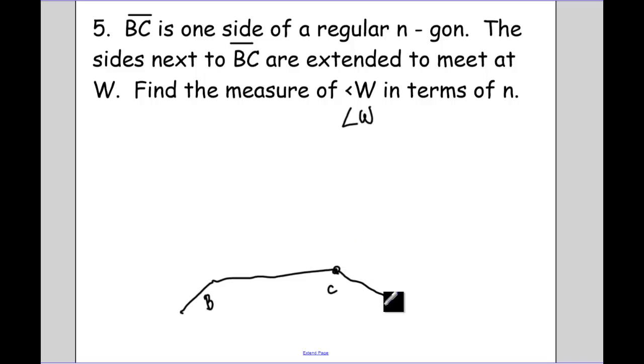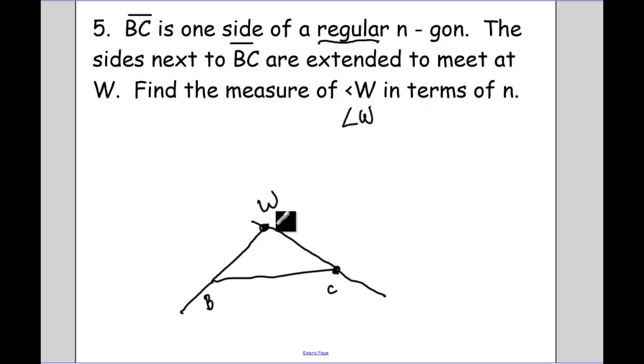These sides are extended so that they meet at a point W. I need to find the measure of W in terms of n. So this is a regular n-gon.